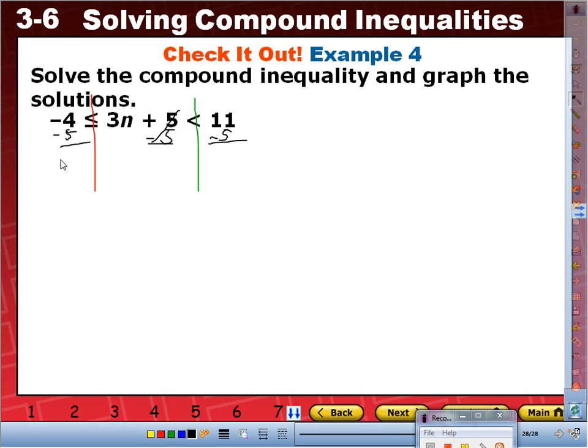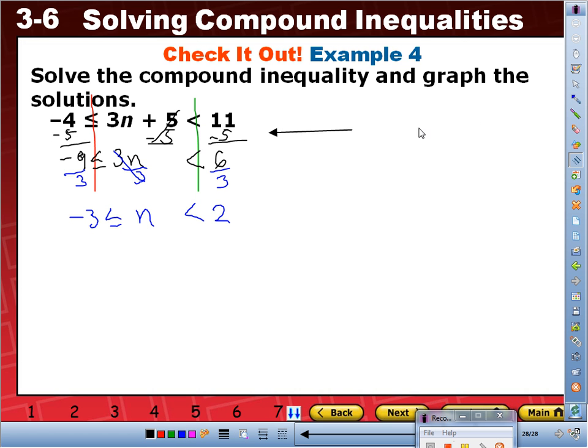We're left with negative 9 less than or equal to 3n, less than 6. From there, divide by 3 in all parts. Negative 3 less than or equal to n, less than 2.